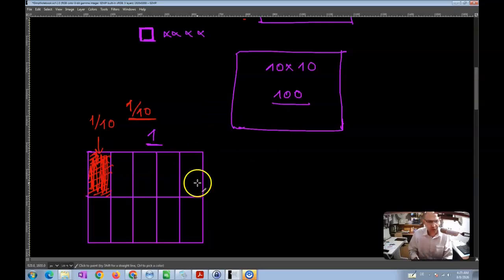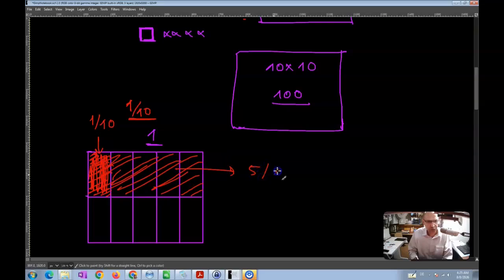So if I take all the 5 over here and shade them, this whole part over here would be 5/10. If the whole thing is 1, then these 5 parts together would be 5/10, because it's 5 out of 10 equal parts, right?